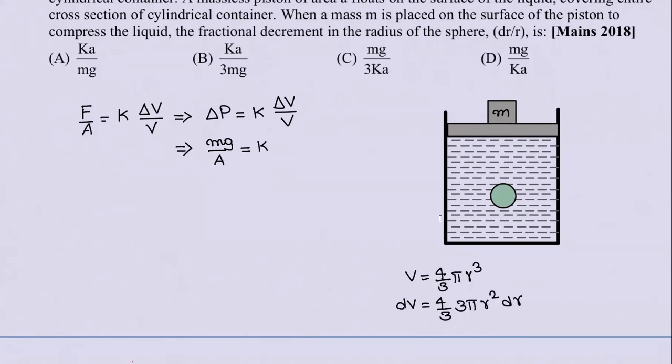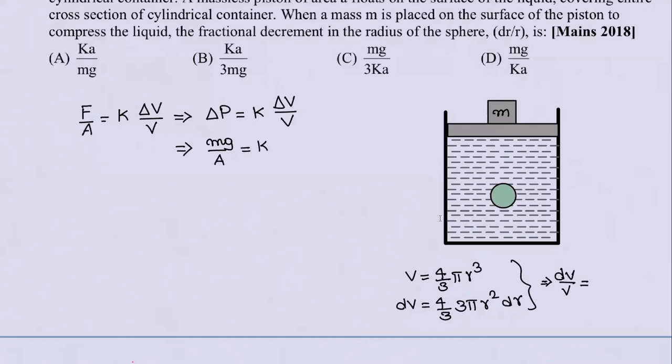Now, if you divide these two, instead of dividing directly, you have to divide in the reciprocal. That's the best option. Then dV by V is equal to, observe, this 4 by 3 pi gets cancelled, and r square with r cube also gets cancelled.